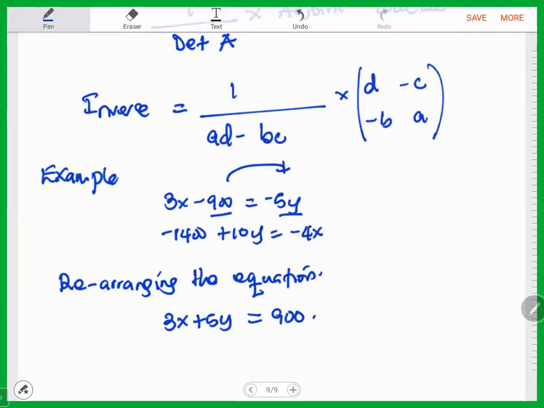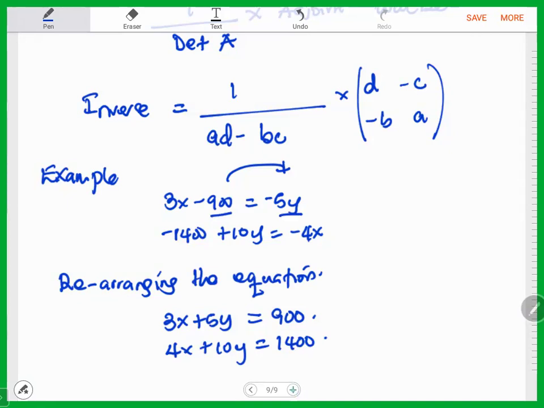In the second one, again, this is a negative. Once it crosses this equal sign, it becomes a positive. So I'll have 4x plus 10y being equal to 1400. So I have the constants, I have the matrix themselves.